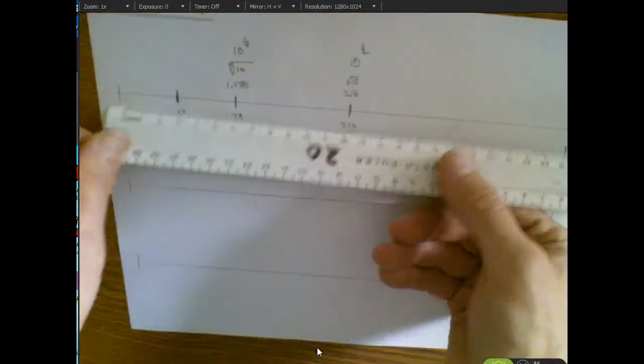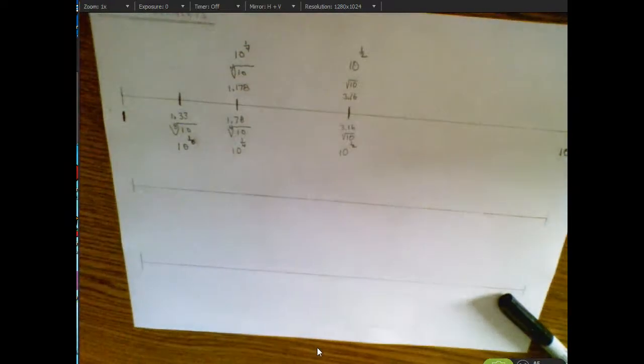Now we know that 10 to the 1/8 represents, what did we say it was? I'm going to put my ruler on it. It measures 3 point what? Is it 125? Okay, I'm going to write that number down because I'm going to forget it. 3.125, that's that one.